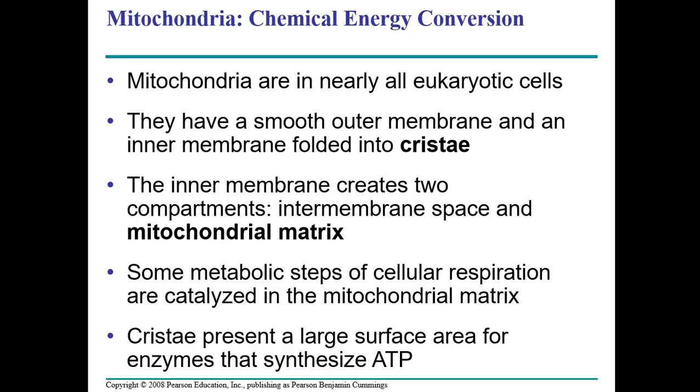Some metabolic steps of cellular respiration are catalyzed in the mitochondrial matrix. Okay, so these cristae present a large surface area for enzymes that synthesize ATP. Okay, but then we will not talk about cellular respiration and photosynthesis in this topic. Okay, so more on overview tayo ng cell parts.